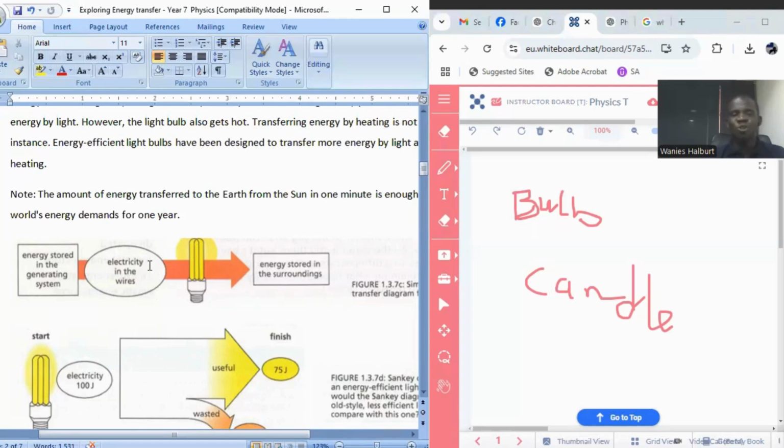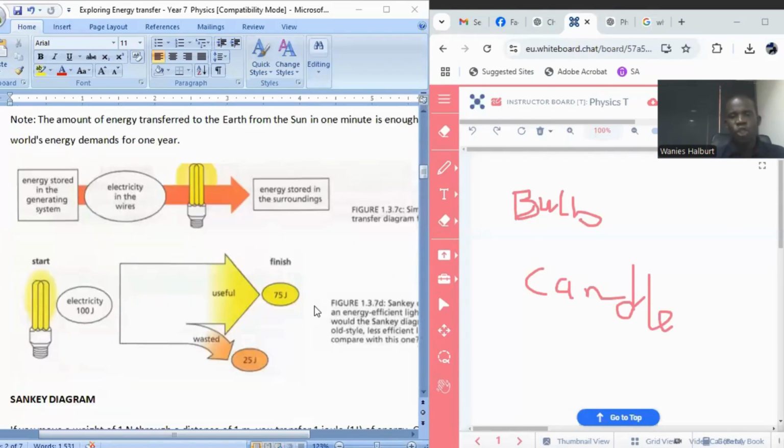The energy transfer diagram shows how energy is converted, how energy is transferred from one form to the other.